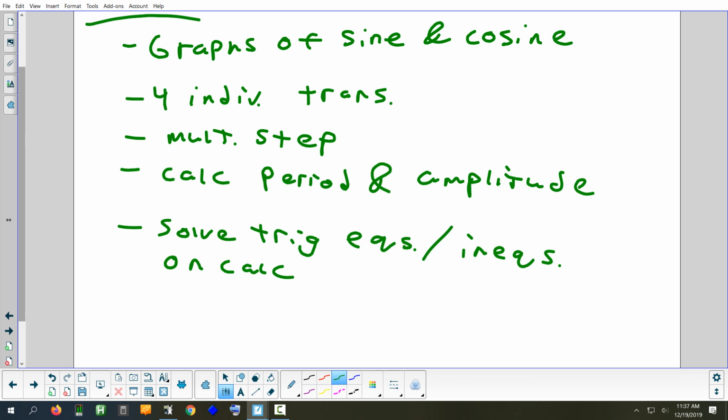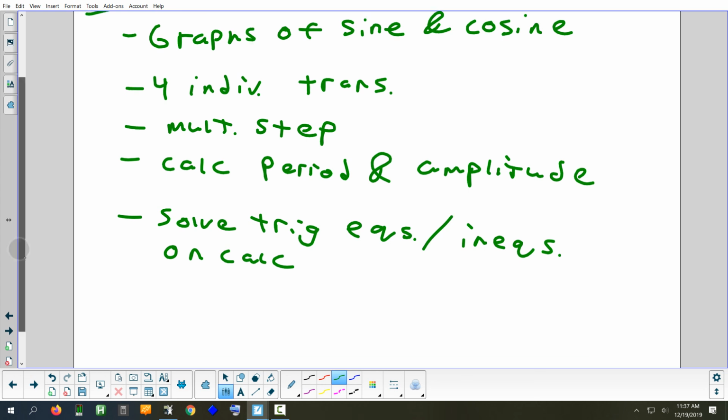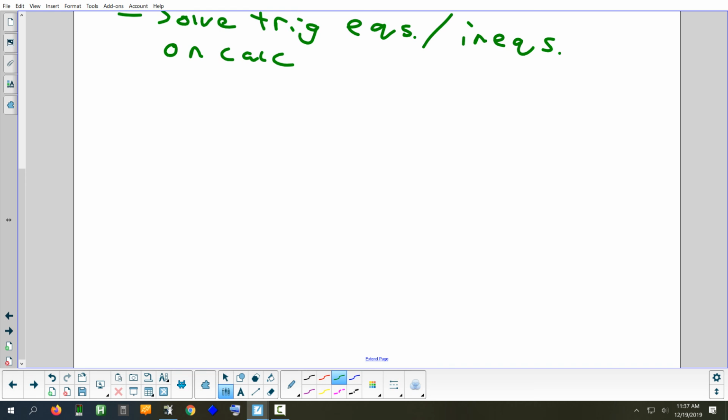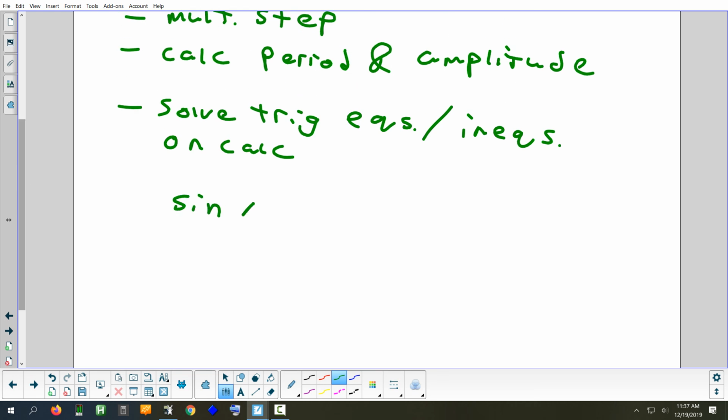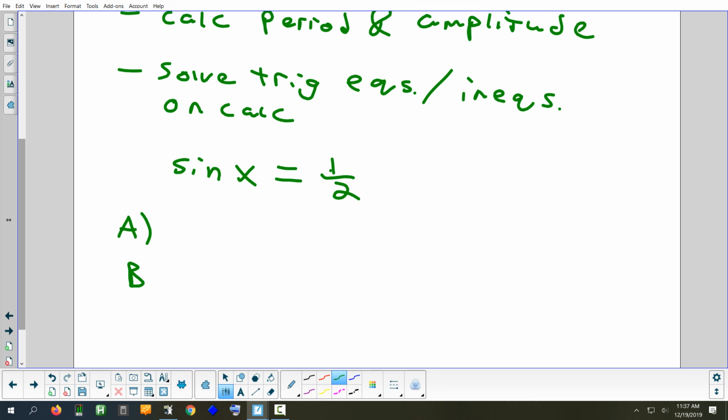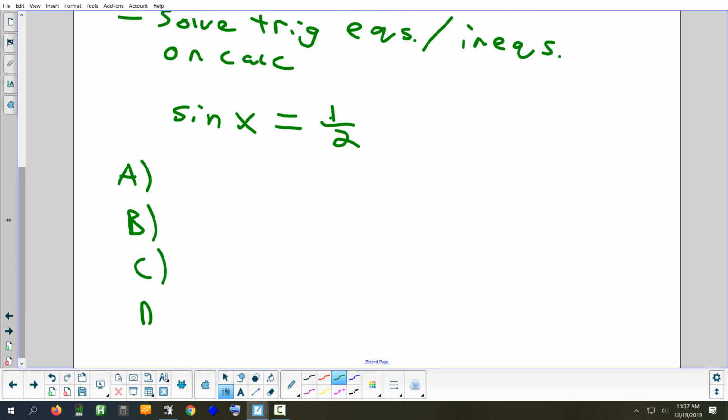Now, what can come up with that is, let's say I had something like this: sine x equals, let's say, a half. And you go to solve this. Well, let's say I gave you choices of something like pi, 3 pi over 2, pi over 3, pi over 6.